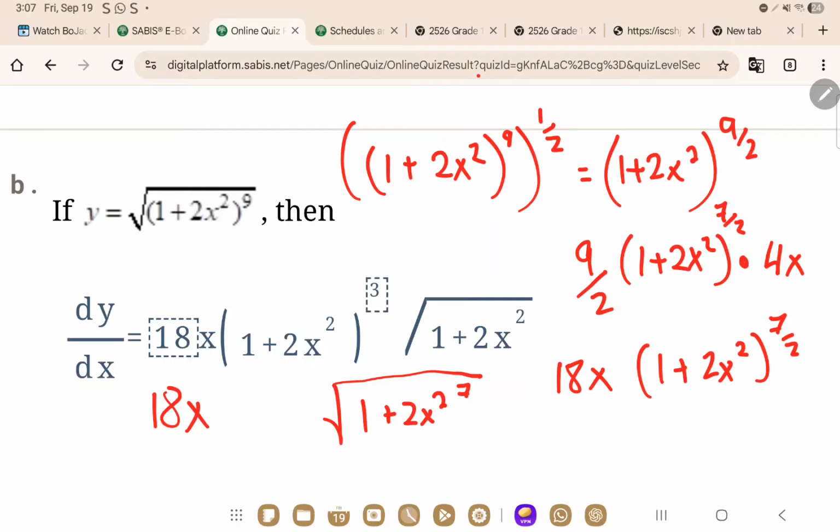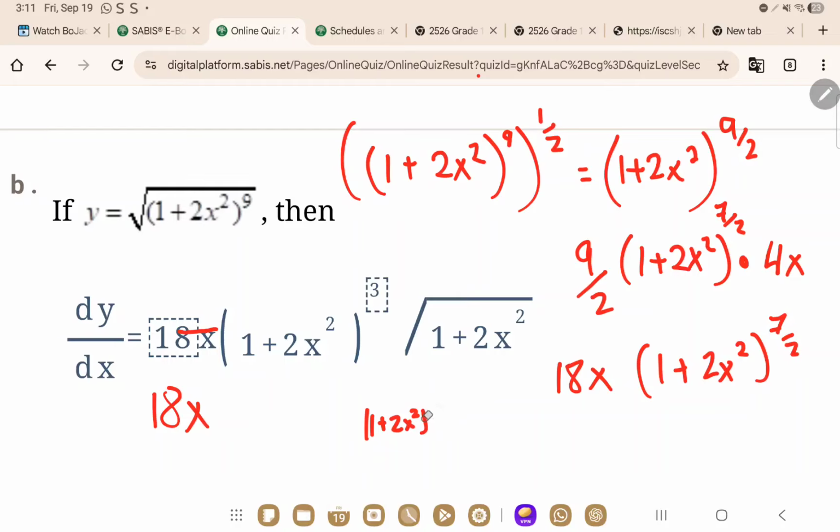Sorry, my bad, I made a very dumb mistake. So listen, this equation is, like I said, (1 plus 2x squared) to the power 7.